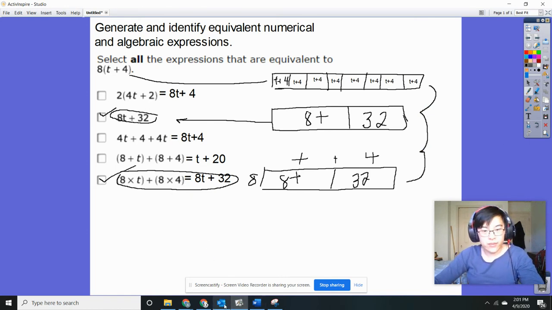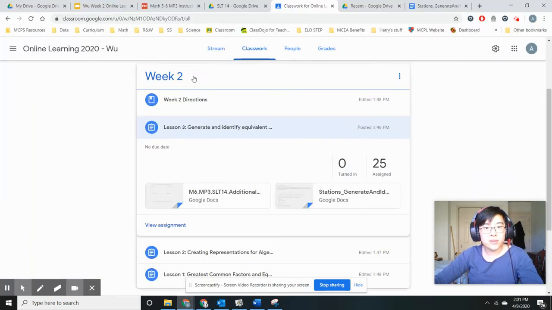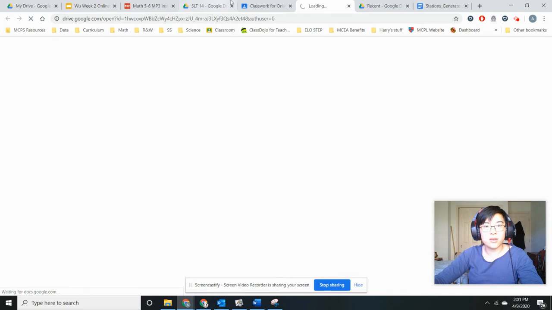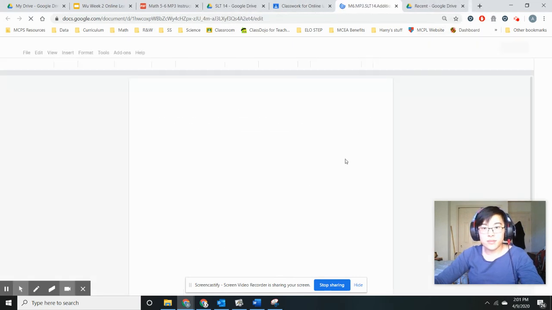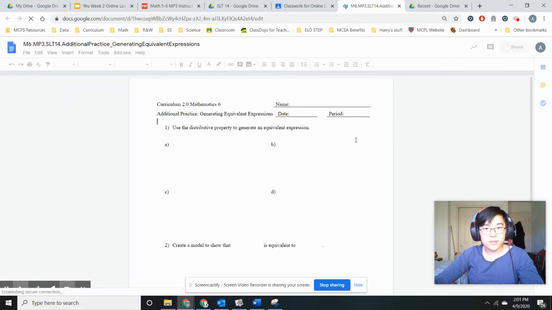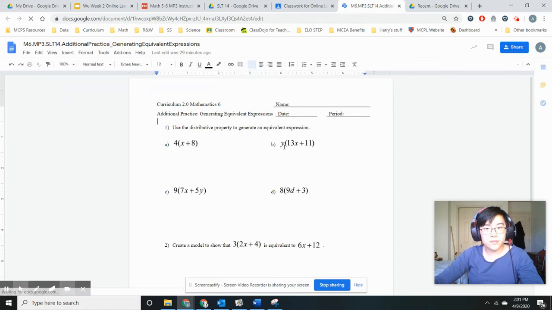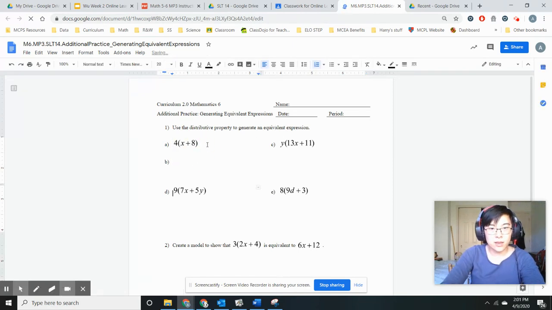All right, now if we look at the worksheet, come up with an equivalent expression. So what is equal to this? This equals 4x plus 8.